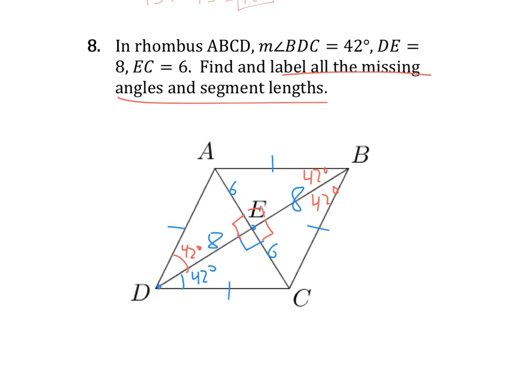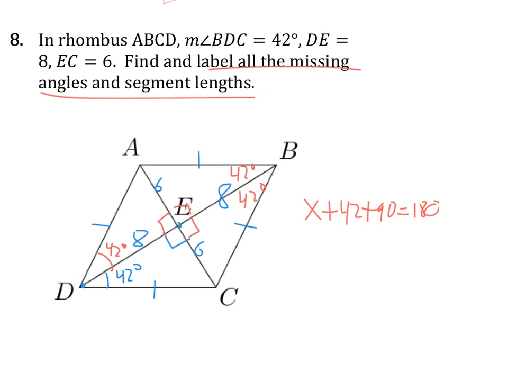And so look at this triangle. Here we have a triangle. We've got 42, 90, and something that I don't know. So we know x plus 42 plus 90 has to be 180 degrees because the angles in a triangle add up to 180. All right, so that's 132.